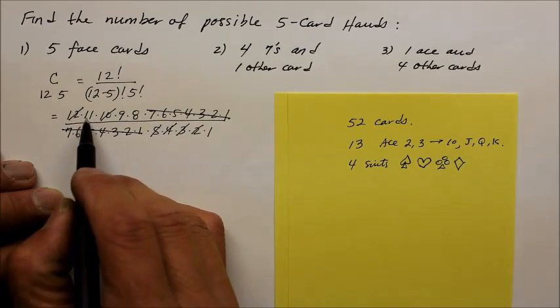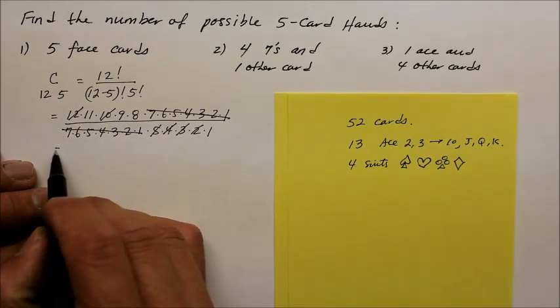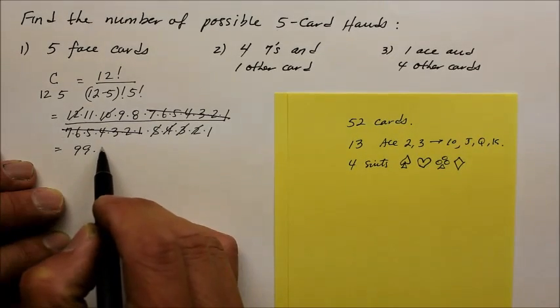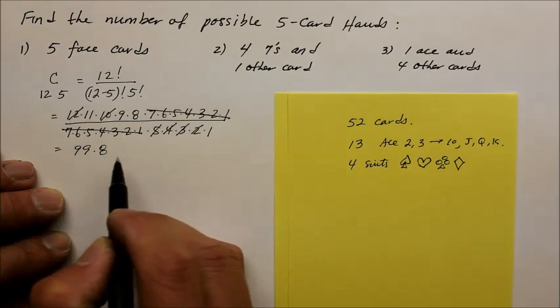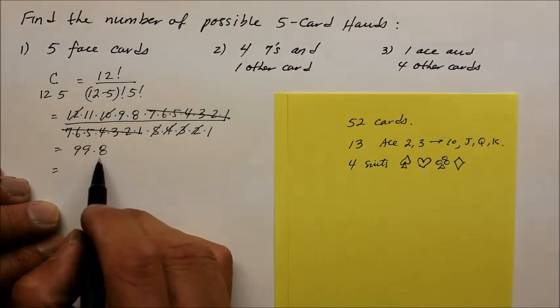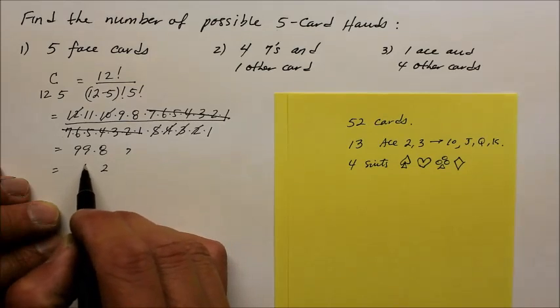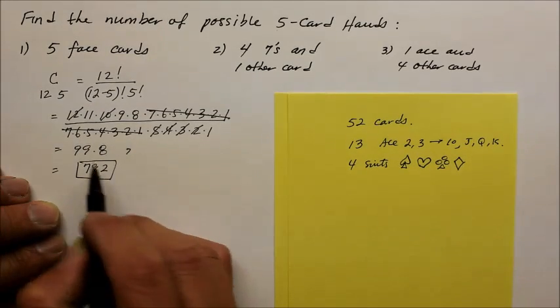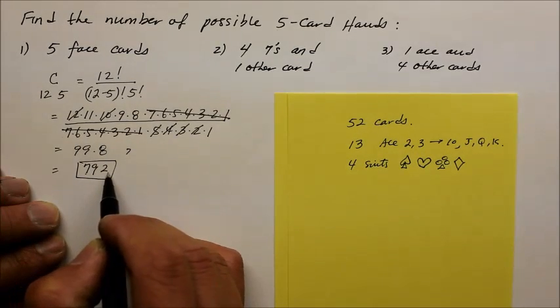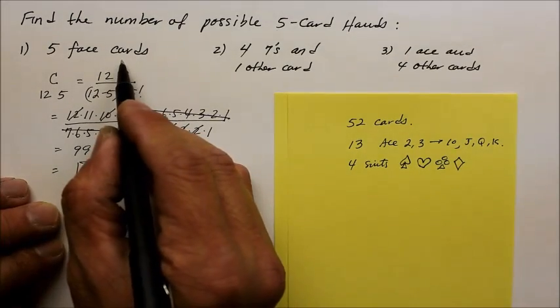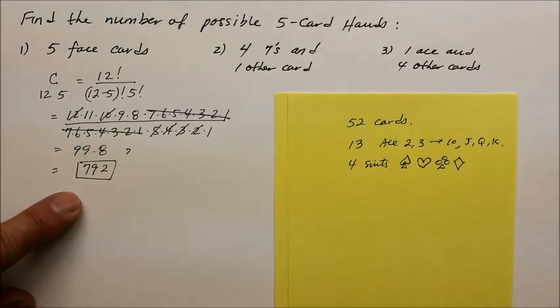All you have remaining is 11 times 9, which is 99, times the 8. And 99 times 8 is 792. So there are 792 possible 5-card hands with face cards only.